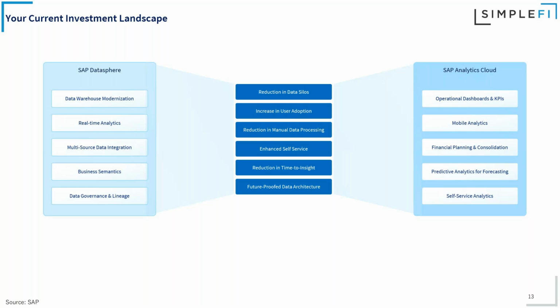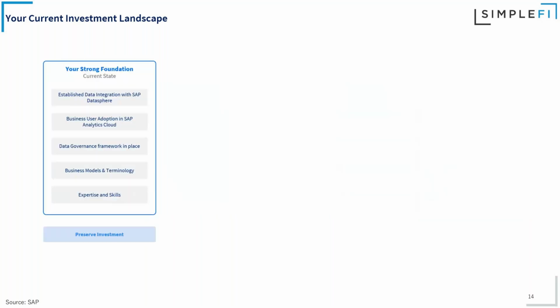But why look at Business Data Cloud now, and what can that look like? Let's start with what you have. As we just mentioned, you have SAC and you have Datasphere, so you already have an established data integration. You created your data pipelines, which could mean replication flows and data flows inside of Datasphere, or data import jobs inside of SAC. You already created data governance.